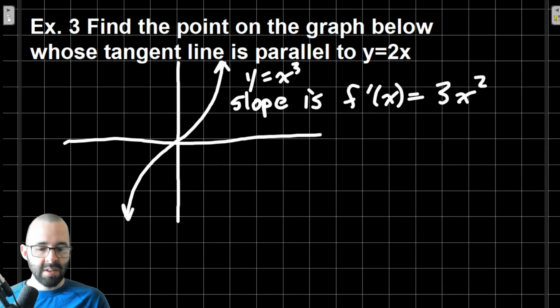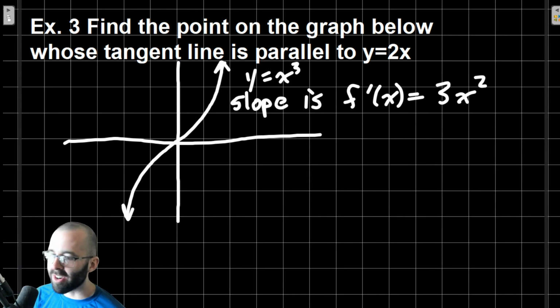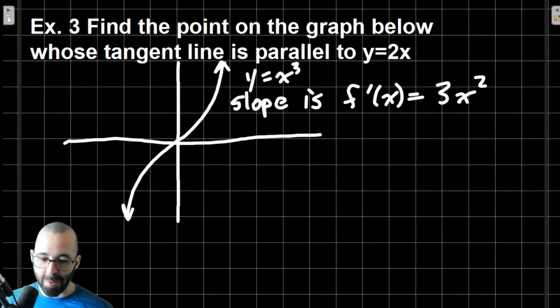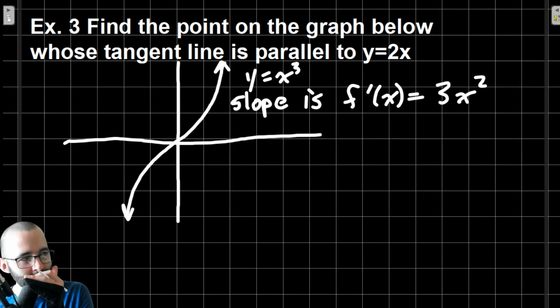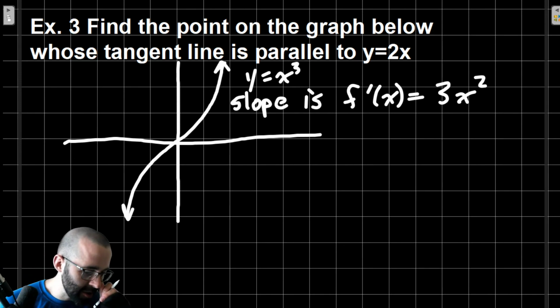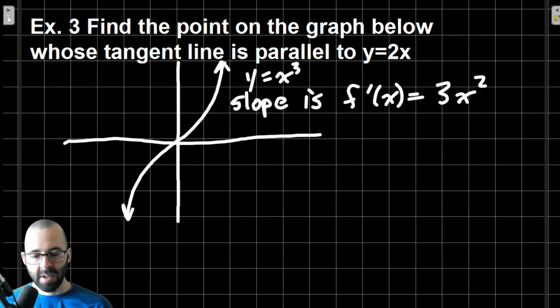So notice that this different function, it's not a parabola anymore, this different function has a different slope function. There's going to be something to that, okay? The slope of the tangent line is the slope of the curve, and this slope of the tangent line is also something else called, spoiler alert, a derivative. All right, so there's a lot to unpack here. There's a lot in this problem. Wait, there's also information missing.